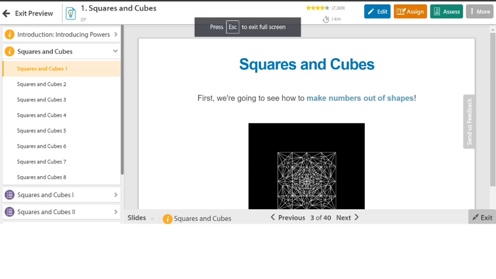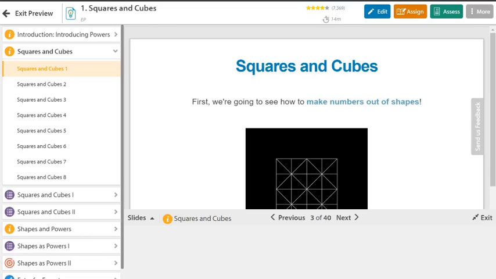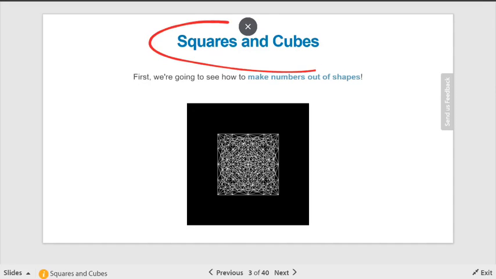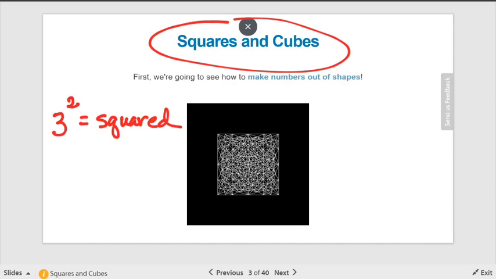Some powers happen so frequently that they have special names. Anything other than these 2 don't have special names, though. So we're going to talk a little bit about what are called squares and cubes. And again, we mentioned this before. If you have any number raised to the 2nd power, we often call that squared.